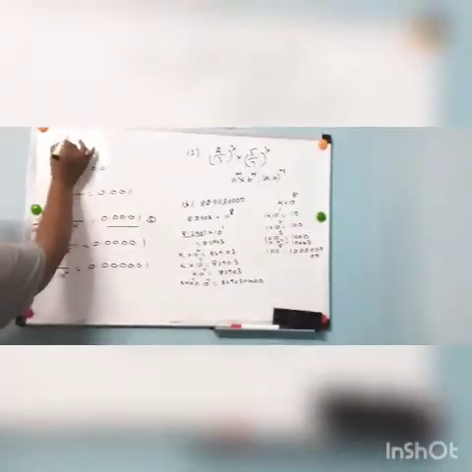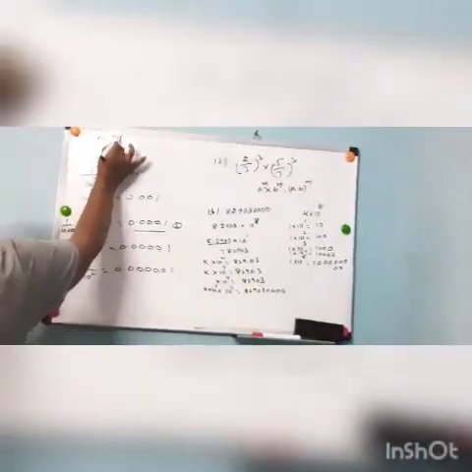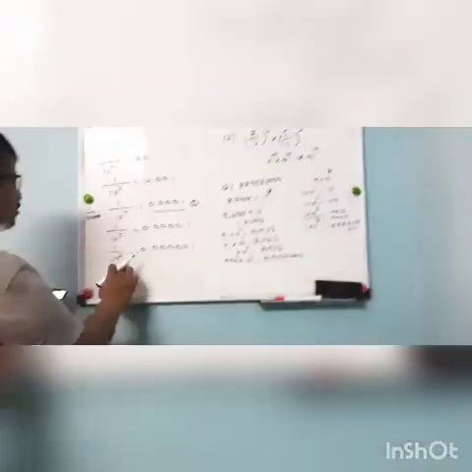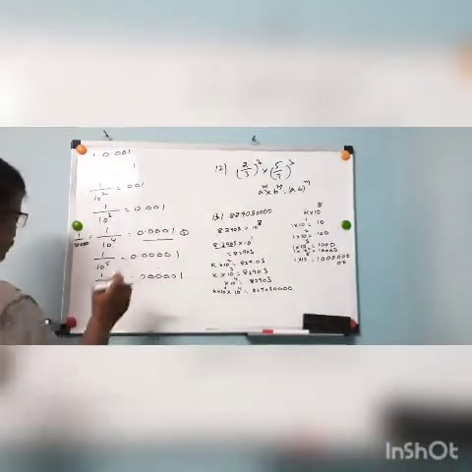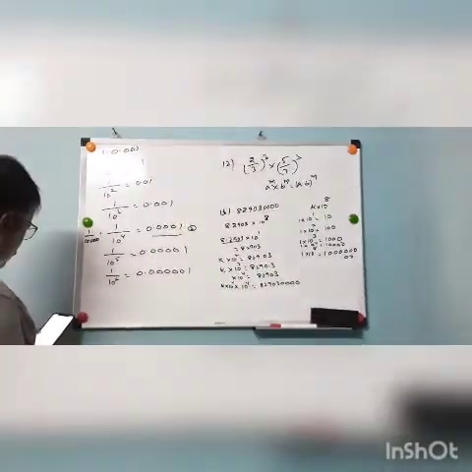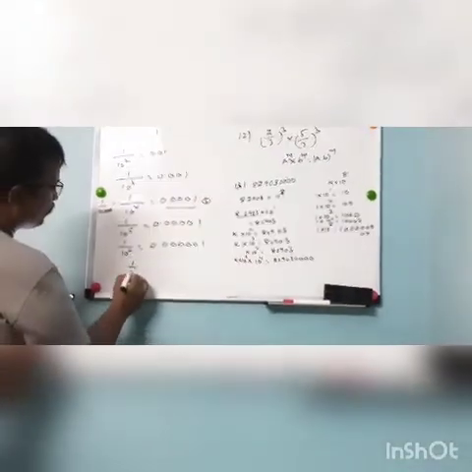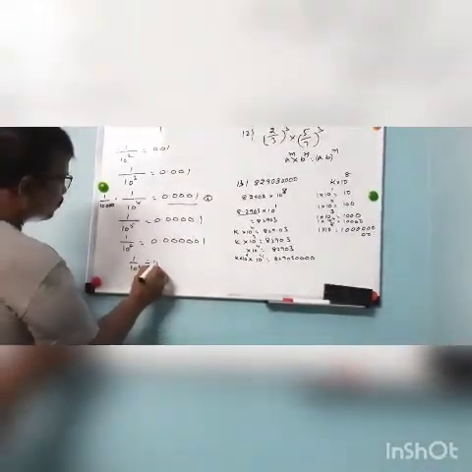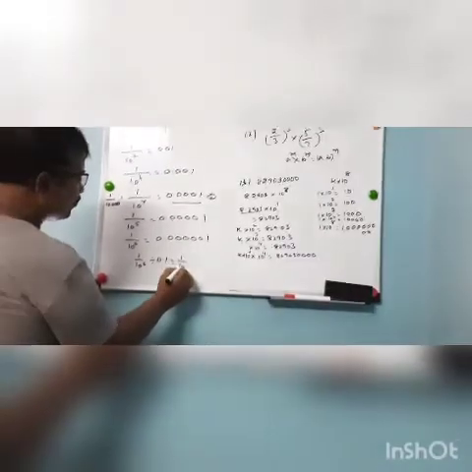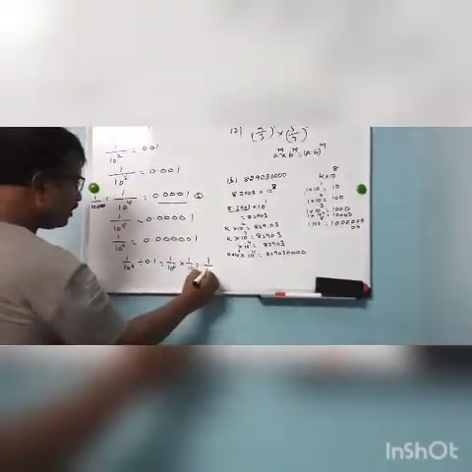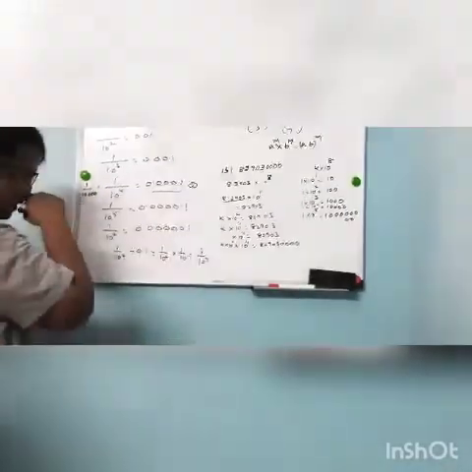First option is 0.001. Third option is 1 by 10 square. Fourth option is 1 by 10 power 6 divided by 0.1, that is 1 by 10 power 6 into 1 by 10, which is 1 by 10 power 7.